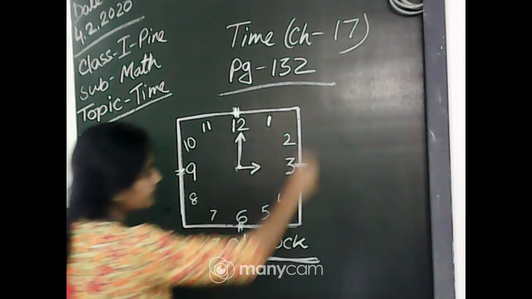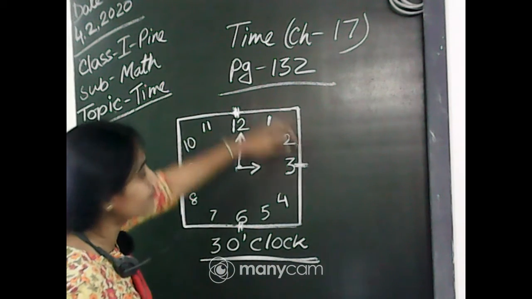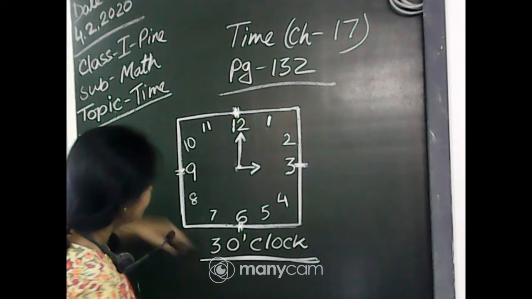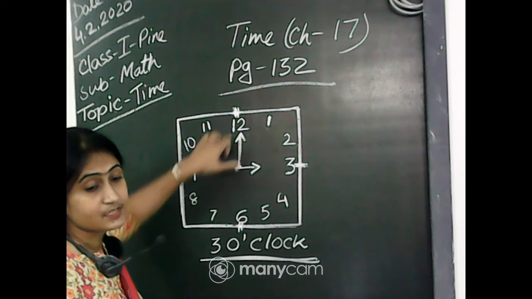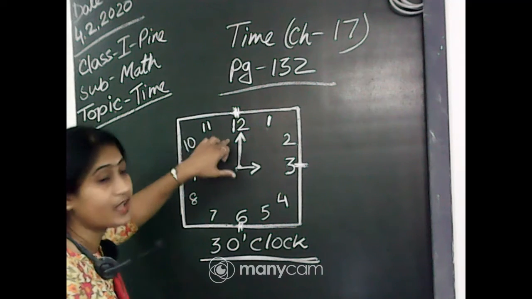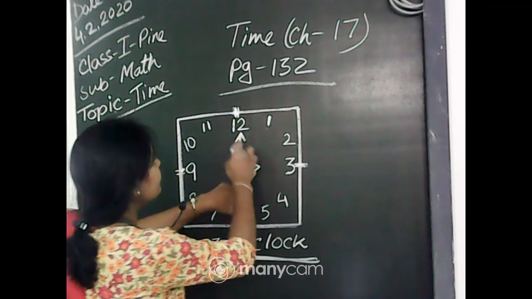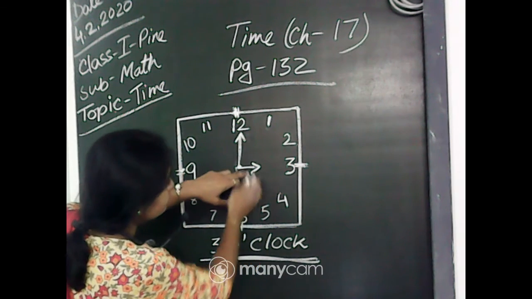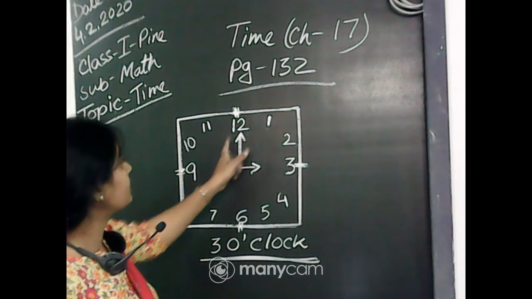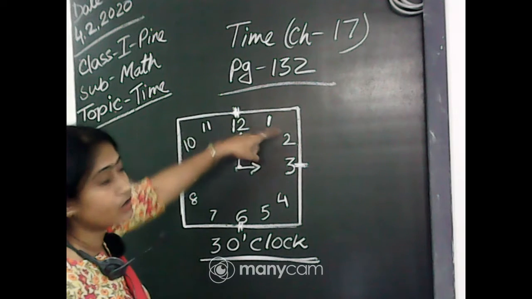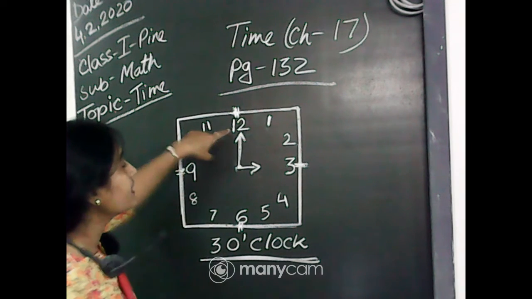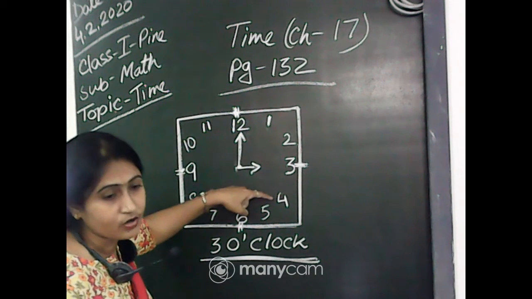If the minute hand moves to 12 o'clock again, it starts from 12 and comes back to 12. That is 1 hour completed. Then you can see the short hand also moves. When it covers the whole clock from 12 to 12 again, it will be 4 o'clock.